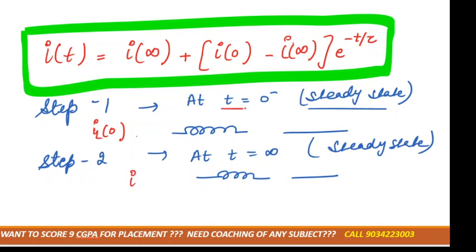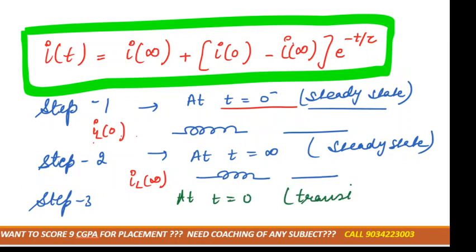So at t equal to 0 minus, this would be IL(0), and this would be IL(infinity). Step number 3, we calculate at t equal to 0, the transient condition when the switch is changed. In this case, inductor will behave as an open circuit.